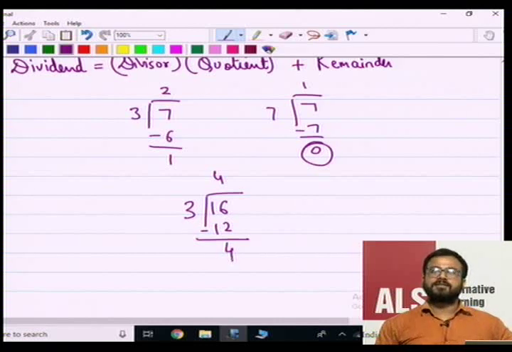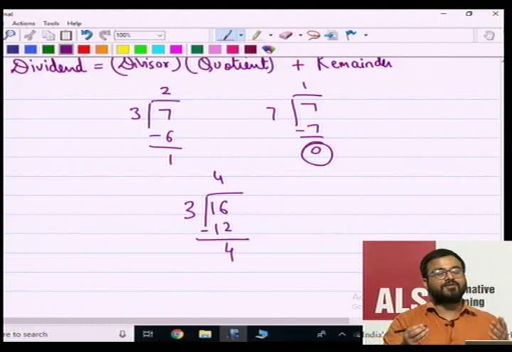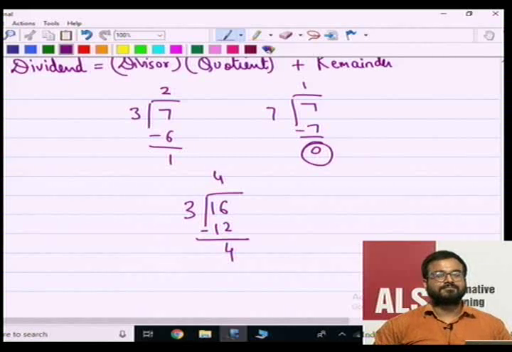Have I done this division right or wrong? And if it is wrong, what is the mistake in this one?